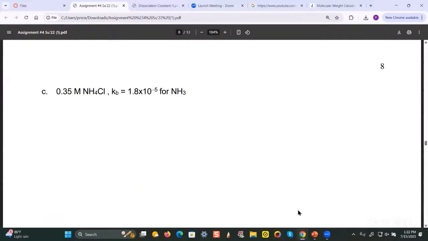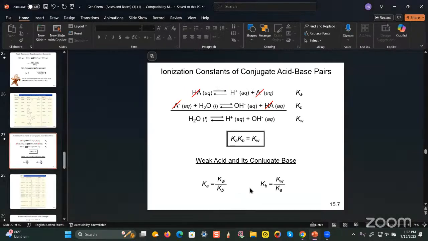Let me go back to the PowerPoint here, and let's talk about the relationship between the Ka for a weak acid and the Kb for its conjugate base. All right, so if you remember, to get from the weak acid to the conjugate base, what do you do? You remove a proton, right?